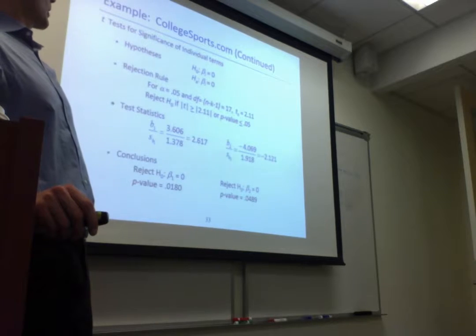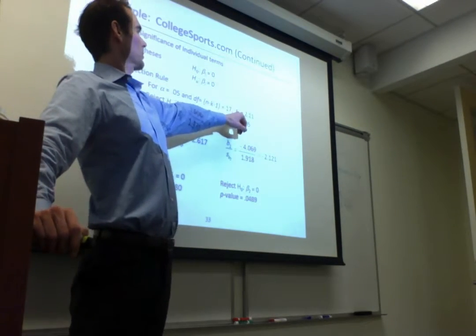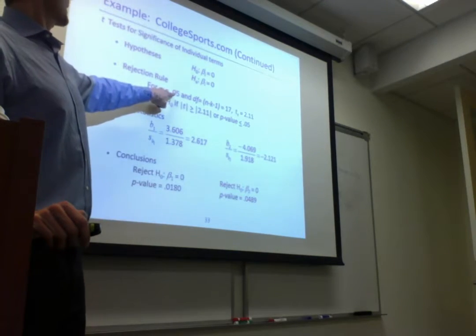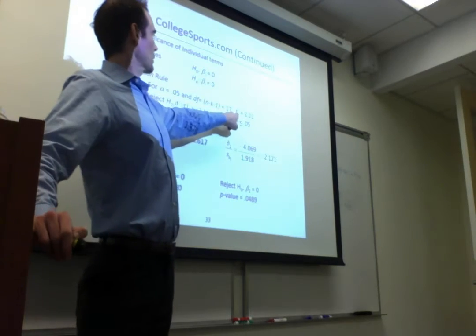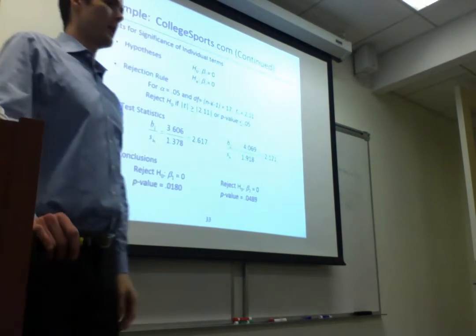Let's do a quick check in the back of our book, just to make sure we don't forget how to look up critical values for t. At the 5% significance level, let's confirm that the critical value for the t-test is 2.11.